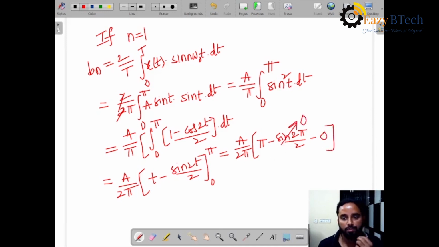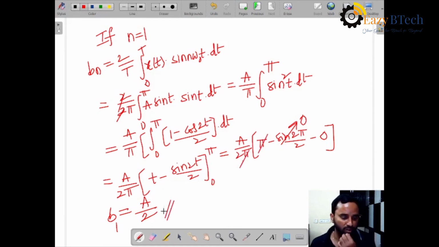So this sine 2 pi is also 0 because sine n pi is 0. So the remaining is a by 2 pi times pi, so b1 is a by 2, because pi cancels. So this is the value of b1 only for n equal to 1.